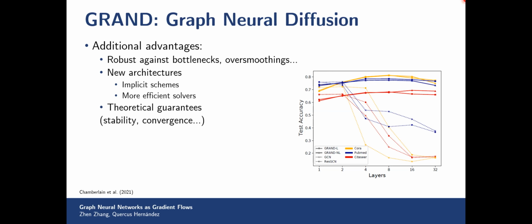The standard neural network is the explicit Euler. Yes, if you look at the figure caption, you will see.